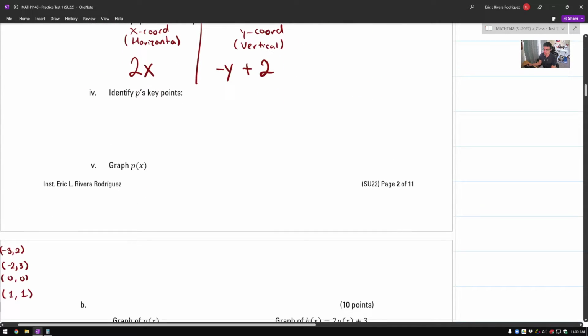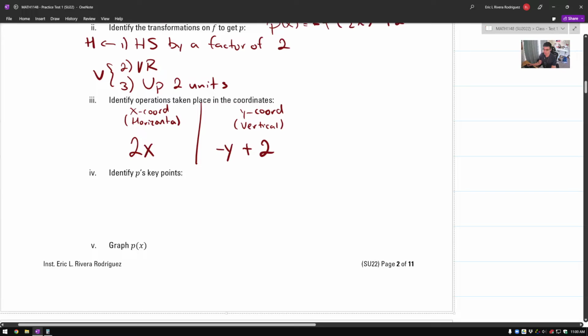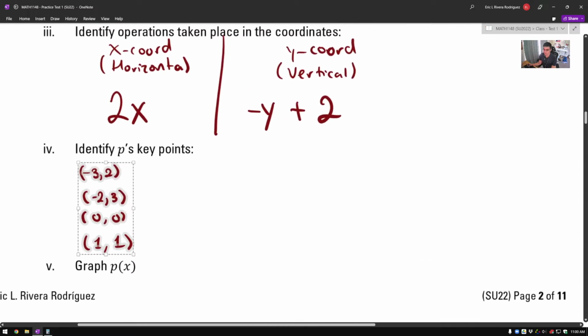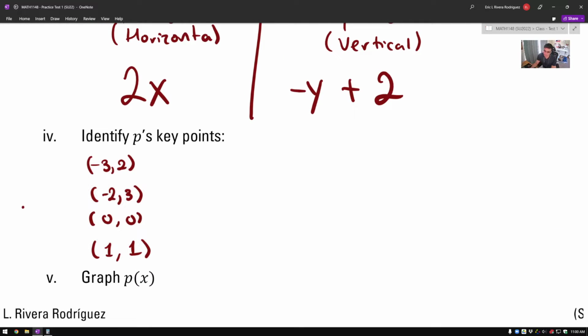Then we are going to have the key points of f, so those are the key points of f, and then we need to have the key points of p of x.